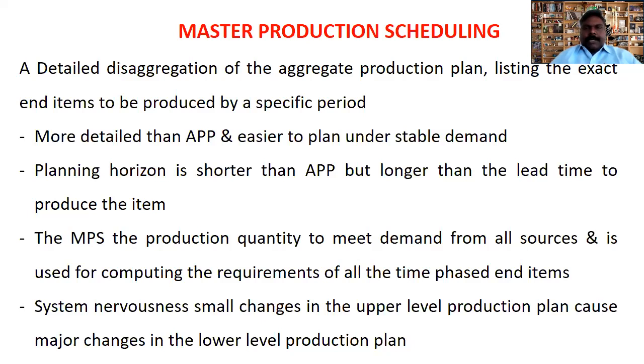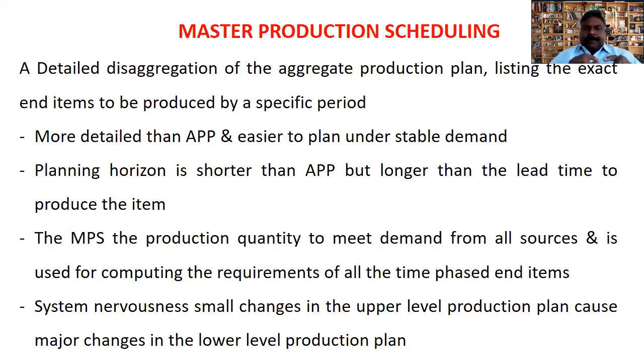So we have to schedule in such a way that it matches the quantity to meet the demand from all the sources. The demand part will be taken over by marketing, who give the information. Then the production department matches the demand and comes out with the end items.